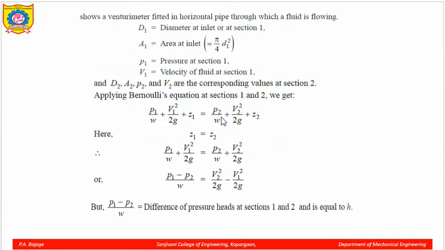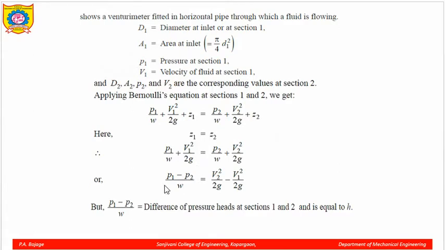Now, as the setup is horizontal, Z1 is equal to Z2, so the Z values will not vary. So, the modified equation will be P1 upon W plus V1 square upon twice G is equal to P2 upon W plus V2 square upon twice G. Please note that W is the weight density.